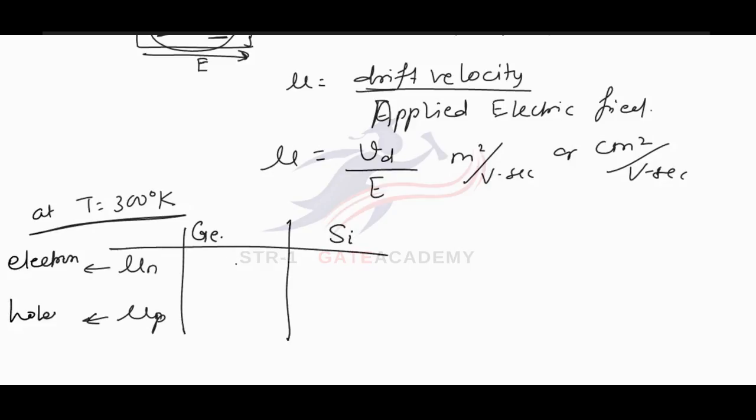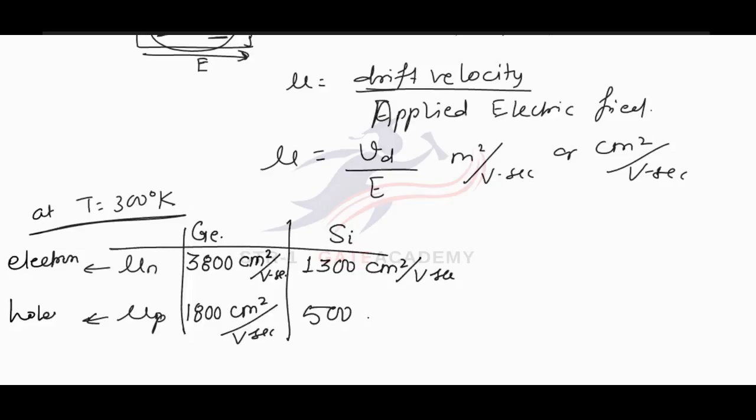For germanium, electron mobility is 3800 centimeter square per volt second, and for holes it is 1800 centimeter square per volt second. For silicon, electron mobility is 1300 centimeter square per volt second, and it is 500 centimeter square per volt second for holes in silicon material. This was all about mobility of the charge carriers.